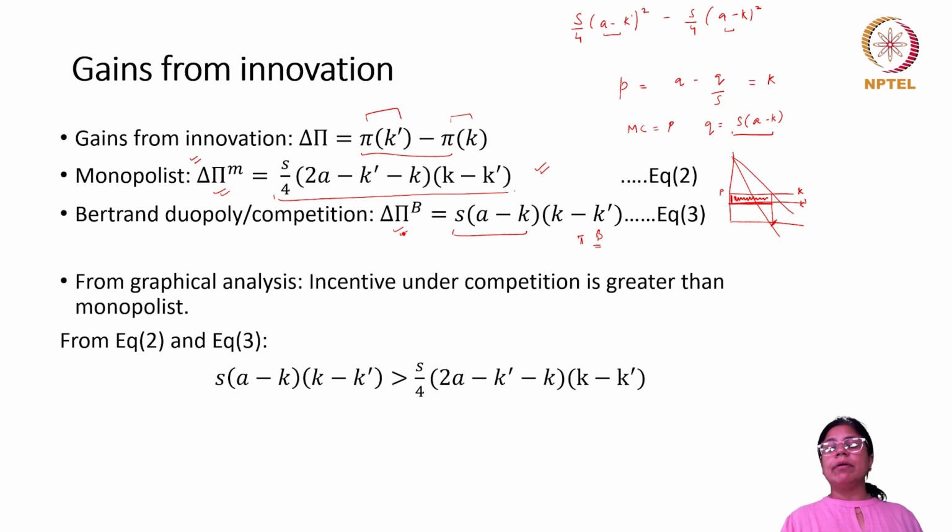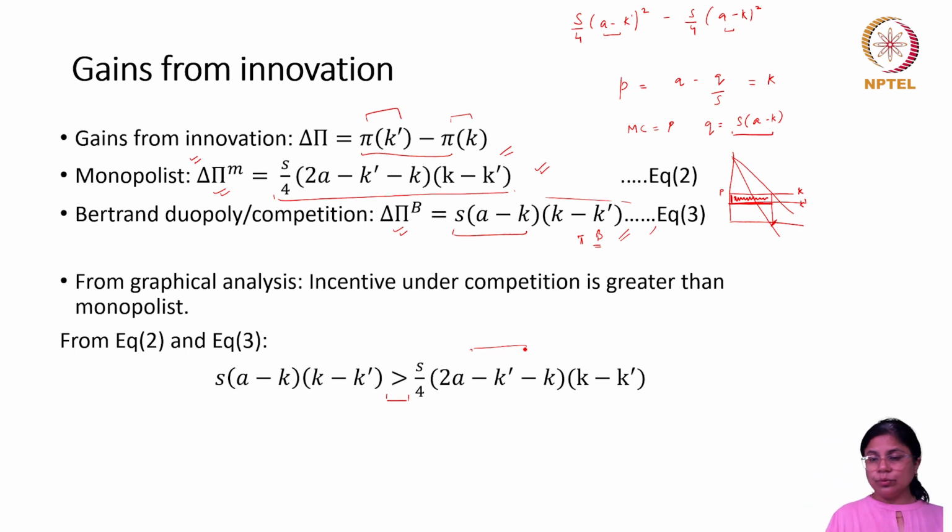Clearly it's a very straightforward comparison. That means we have to compare this term coming from equation 3 to the term from equation 2, and in order to prove our point, we have to show that this is greater than the other side.